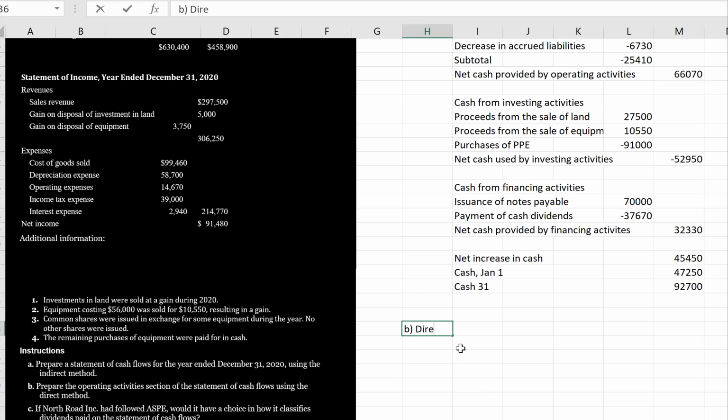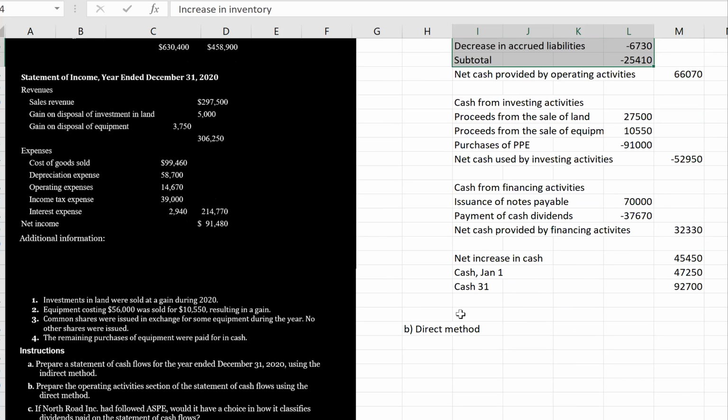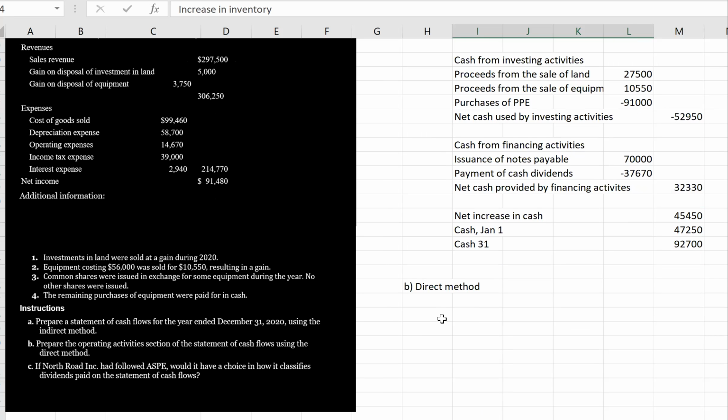So now we're going to be using the direct method and see how that contrasts from the indirect method that we just used. So the direct method, what it prevents is we don't bring in net income and we don't add back all these things. And we don't just reconcile the statement of financial position accounts. It's quite different in terms of the approach. What we're looking for is specifically what came in terms of cash and what went out in terms of cash.